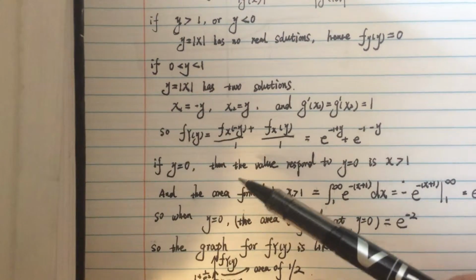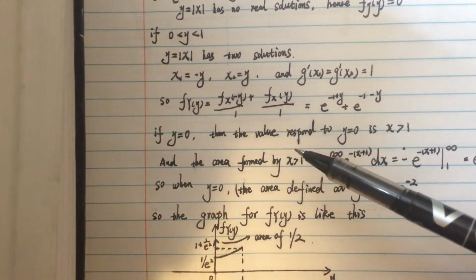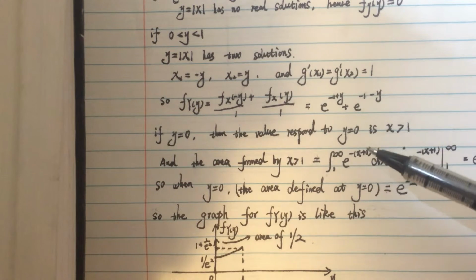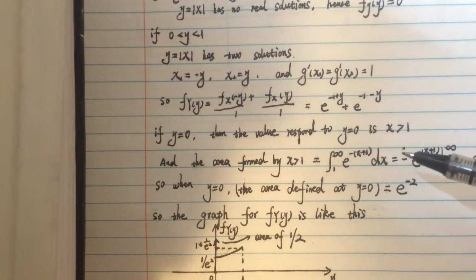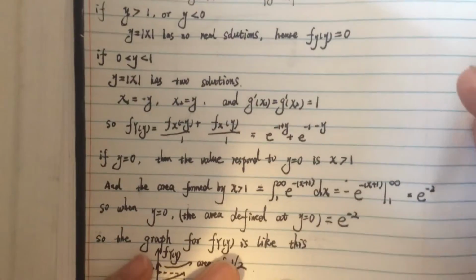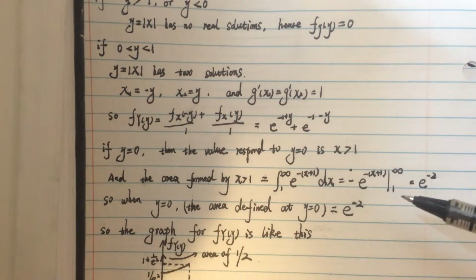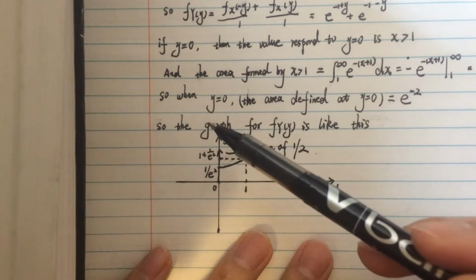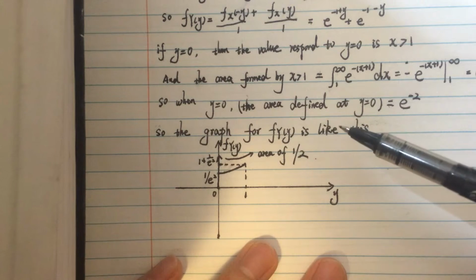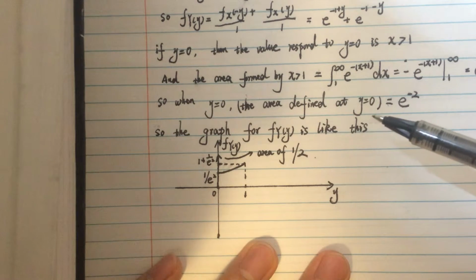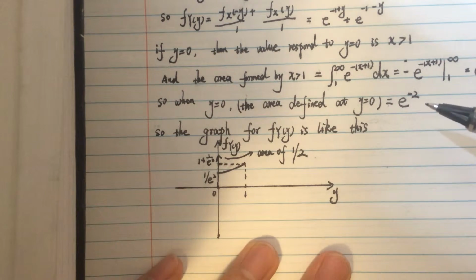And the area formed by x larger than 1 equals the integration from 1 to infinity of e^(2-(x+1)), and then the result is like this, e^(-2). So when y equals 0, the area defined at y equals 0 equals e^(-2).